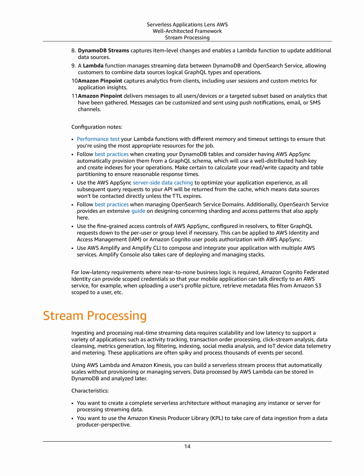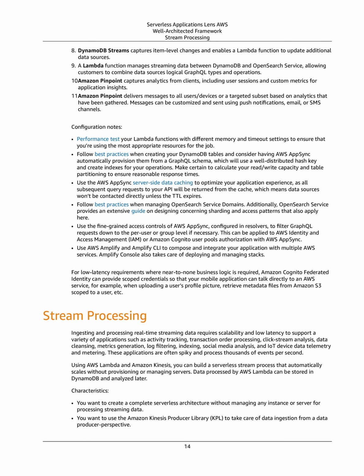Make certain to calculate your read/write capacity and table partitioning to ensure reasonable response times. Use the AWS AppSync server-side data caching to optimize your application experience, as all subsequent query requests to your API will be returned from the cache, which means data sources won't be contacted directly unless the TTL expires.